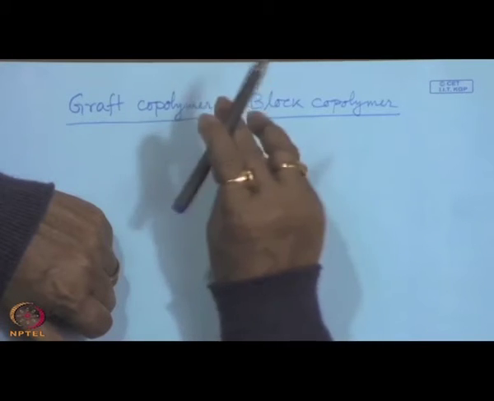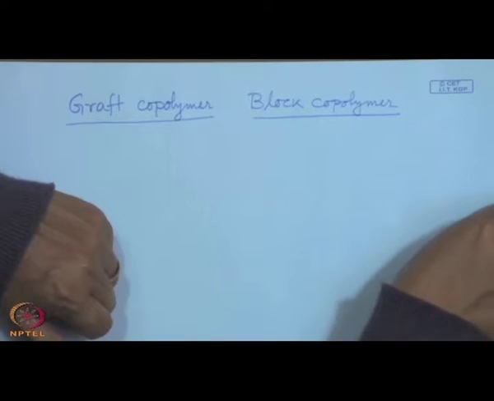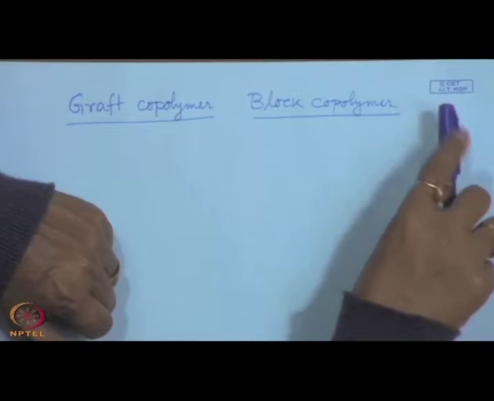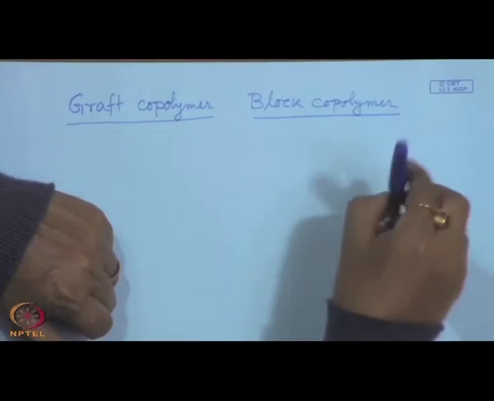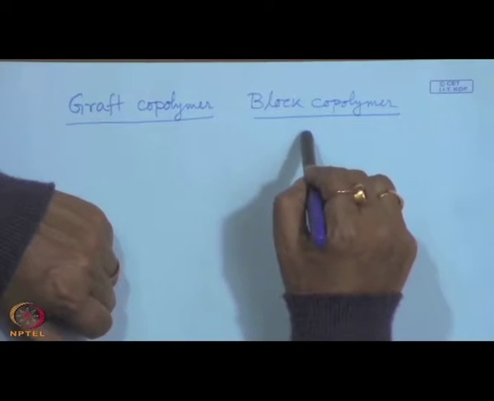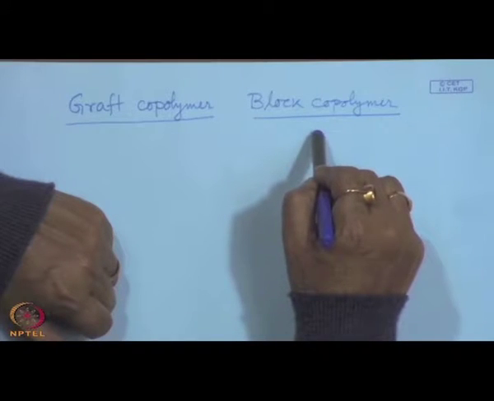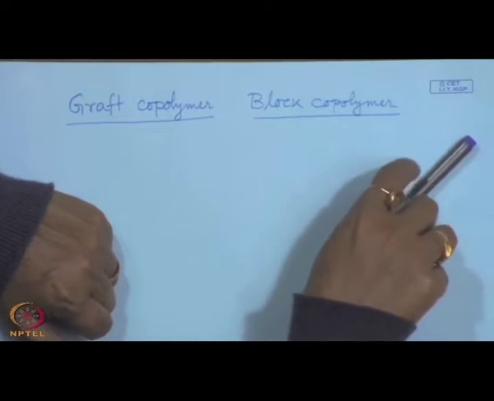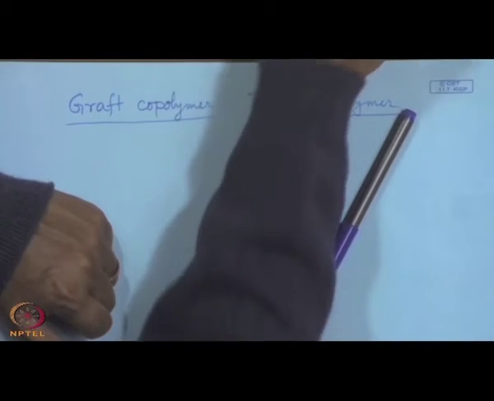Here the presence of either graft copolymer or block copolymer can reduce the interfacial tension between the component polymers, and that prevents the gross segregation of the component polymers and promotes adhesion between them.